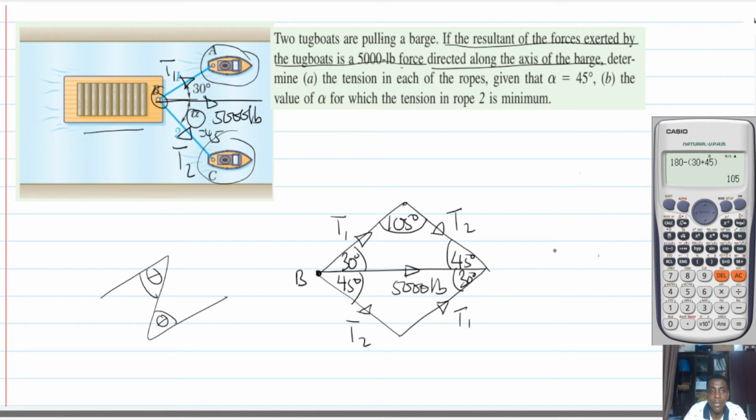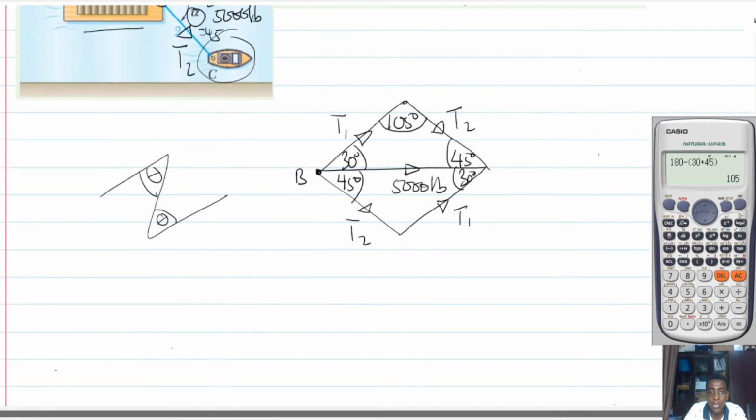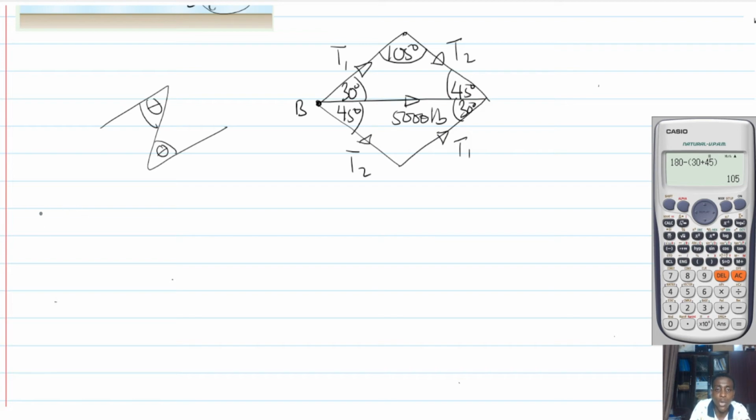After getting this, we are now going to apply the sine rule. Using the sine rule, I can say that this side, which is T1, is opposite 45.